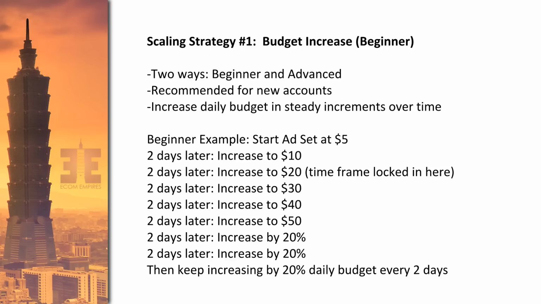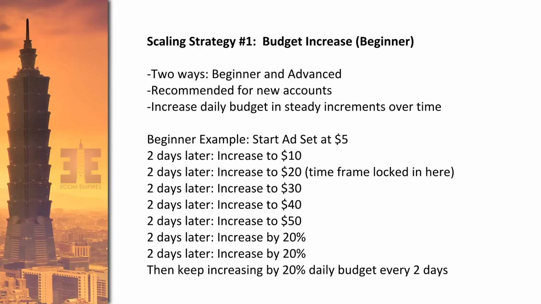Once I get to $20, you're just increasing $10 every 2 days, increasing $10 until you get to the point at $50 where it starts to make sense to increase by 20% budget instead, because 20% starts to become bigger, and 20% is Facebook's recommended budget scale for this type of scaling. All right, so then I would keep doing that every 2 days, 20%, 20%, 20%.